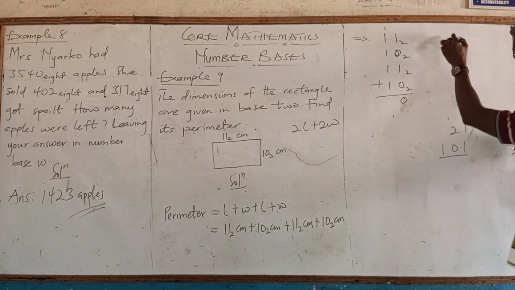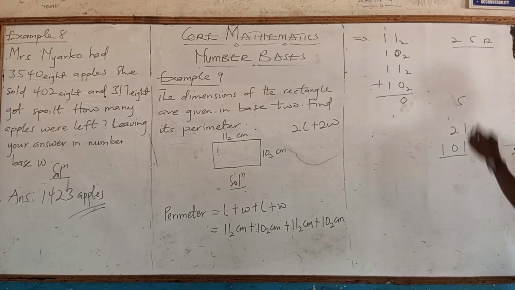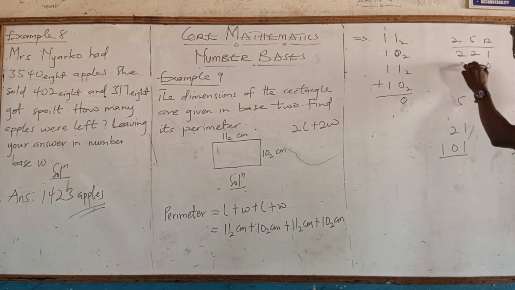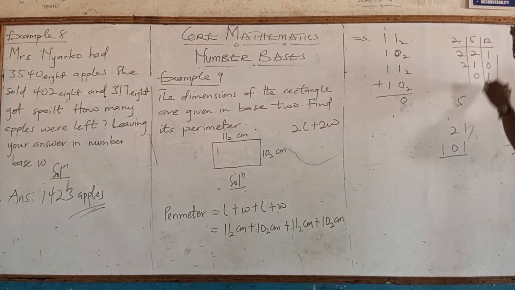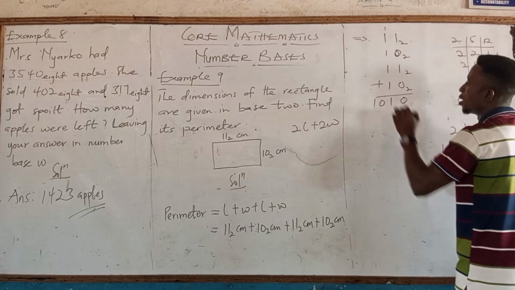Or we can still use our division. 2, then our 5, then the remainder. Are we getting that? So 2 into this is 2, then remainder 1. Then 2 into 2 is 1, remainder 0. Then 2 into 1 is 0, remainder 1. So it is 1, 0, 1. So here I put my 1, 0, and the 1.